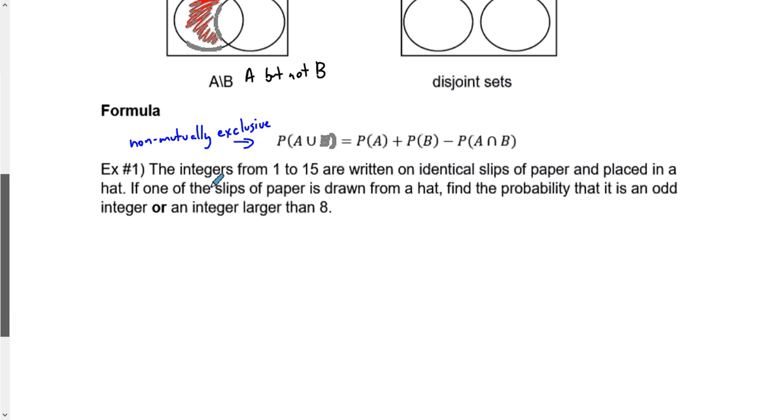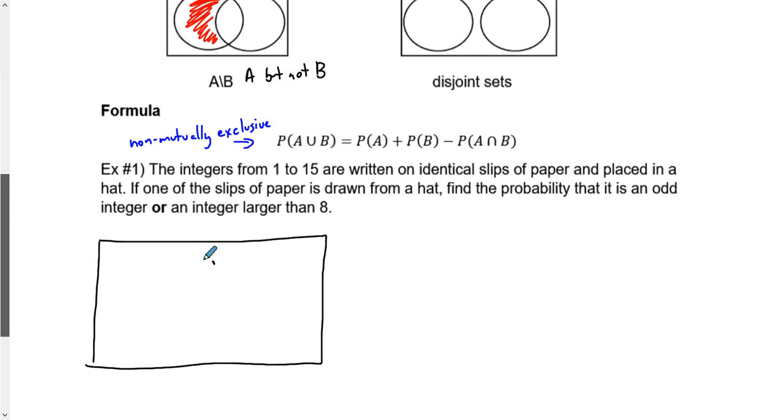So let's look at this: the integers from 1 to 15 are written on identical slips of paper and placed in a hat. If one of the slips of paper is drawn from the hat, find the probability that it is an odd number or an integer larger than 8. So let's start with a Venn diagram because it's something that we're familiar with.